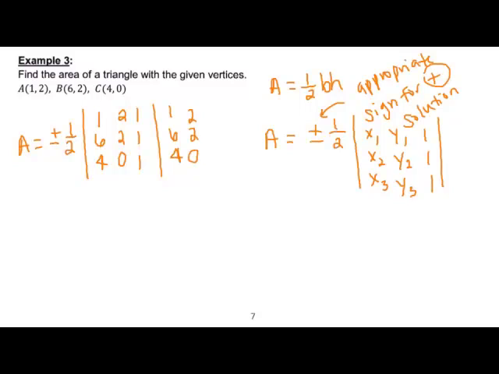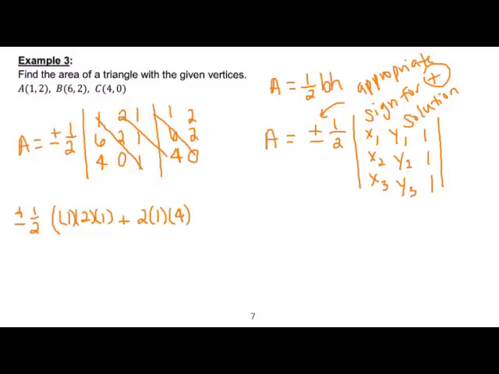Now to find the determinant, we want to multiply the diagonals. So we're going to start with 1 times 2 times 1. So again, we still have plus or minus 1/2. We're going to multiply 1 times 2 times 1 plus 2 times 1 times 4, because that's our second diagonal.